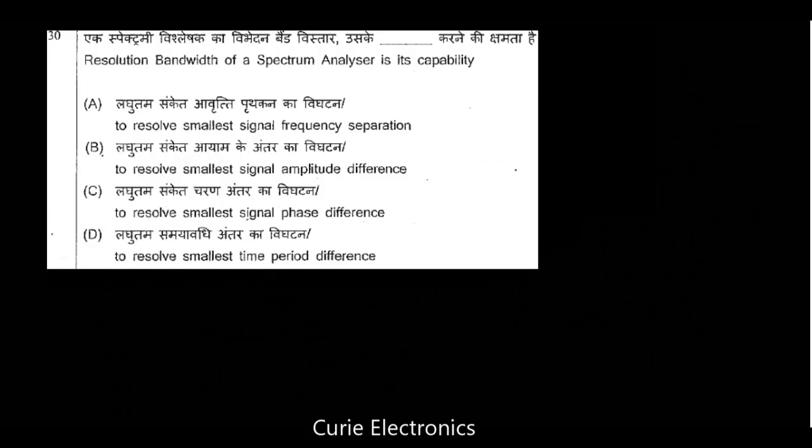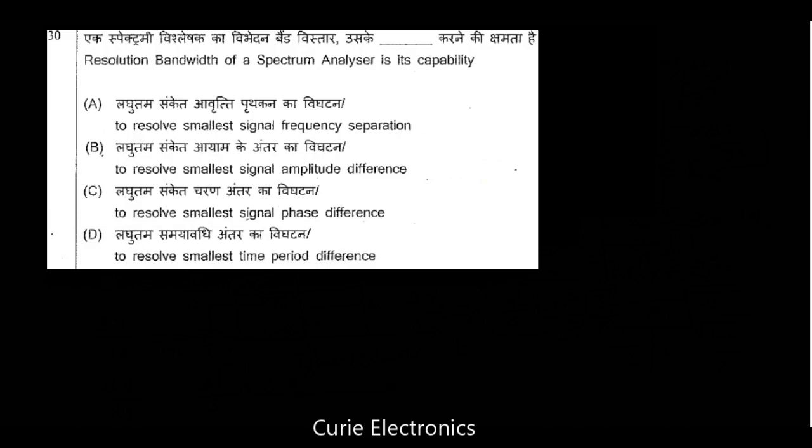This is the last question for today. Resolution bandwidth of a spectrum analyzer is its capability. The spectrum analyzer we use to get information regarding frequency. Usually the x-axis is frequency and the y-axis is power in dB.